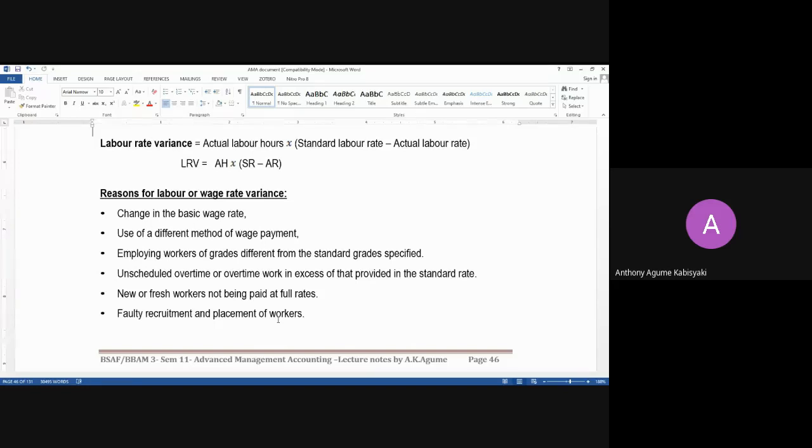New or fresh workers who are not being paid at full rates, especially fresh graduates. Like you go for an interview, they ask you, what is your salary expectation? And then you say whatever you want to say because you really feel you want to get the job. They will give it to you, especially private companies.